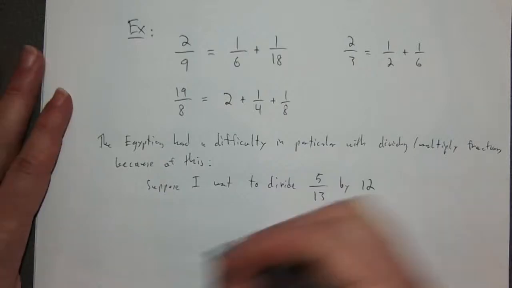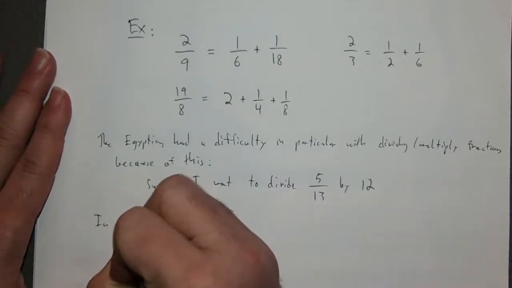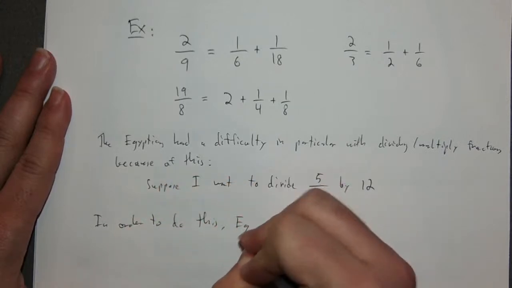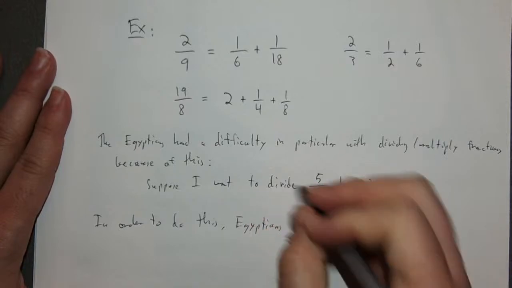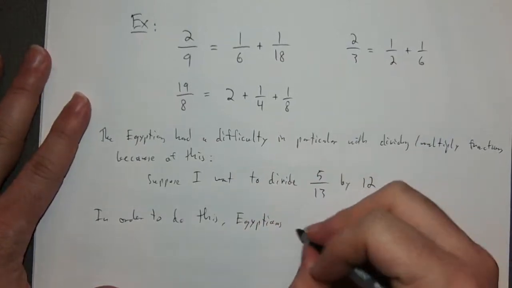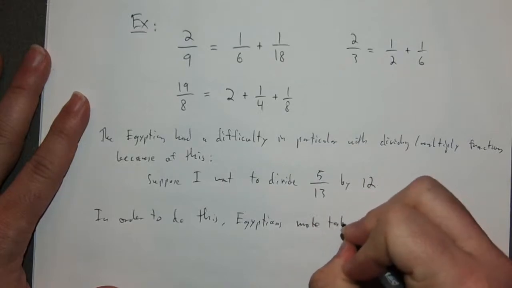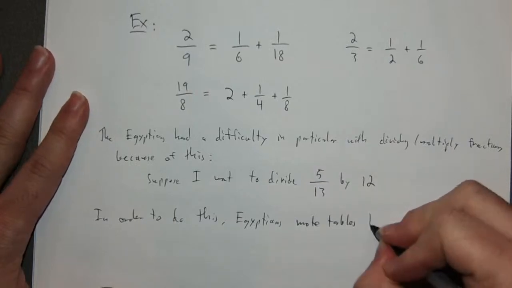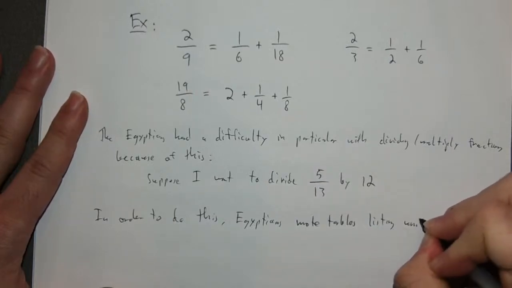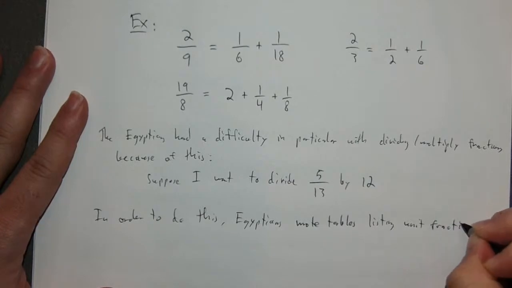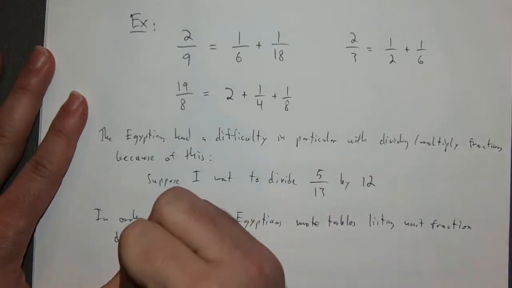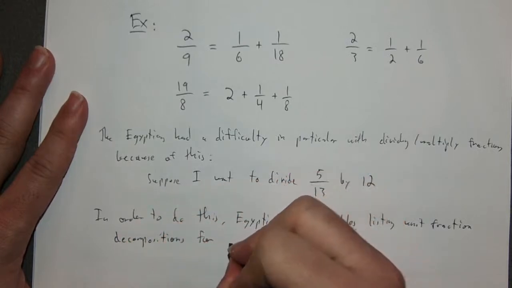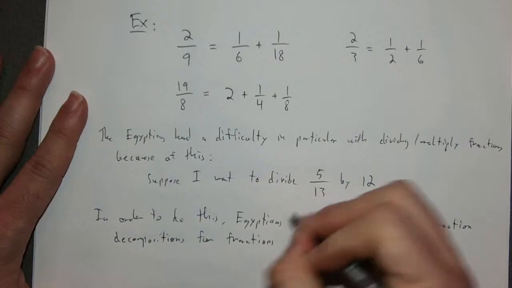Basically, in order to do this, Egyptians wrote tables listing unit fraction decompositions for fractions of the form 2 over n.